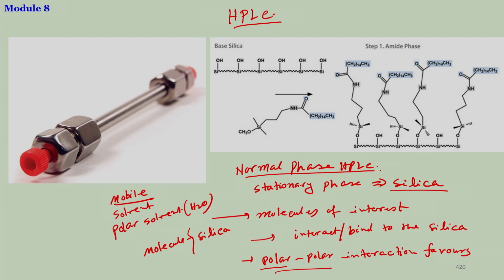Your solvent is more polar than your molecule, and naturally organic molecules are not as polar as water. So this interaction will be broken and a new interaction will happen. That will release the molecule, which will be eluted out of the column, and you can quantify it. So, that is the basic principle of normal phase HPLC.